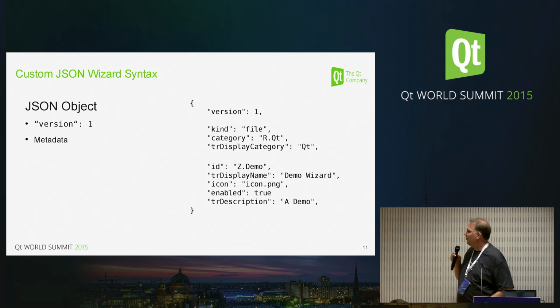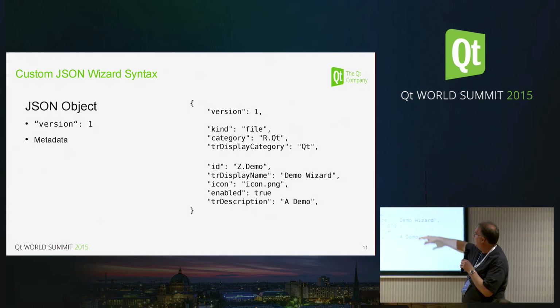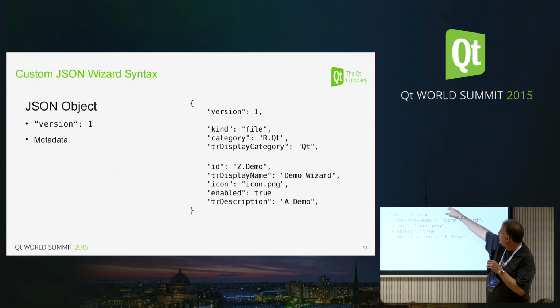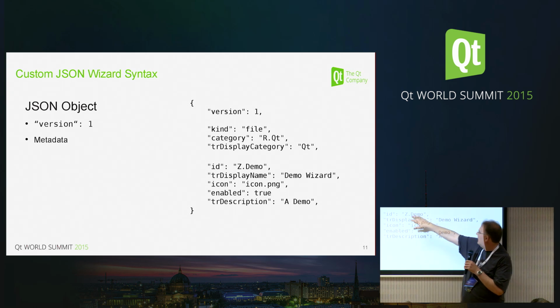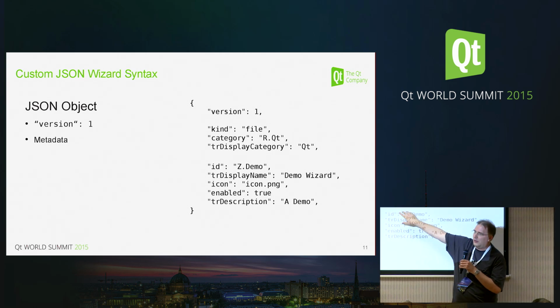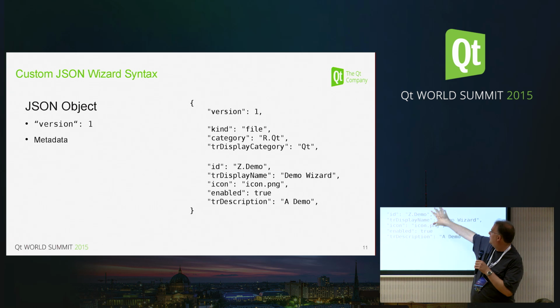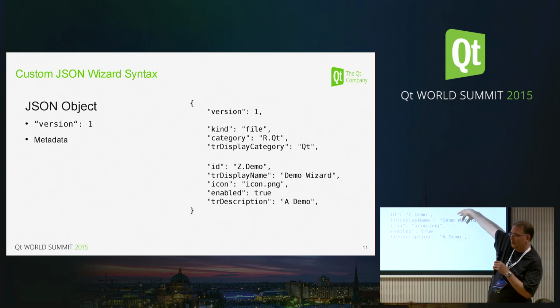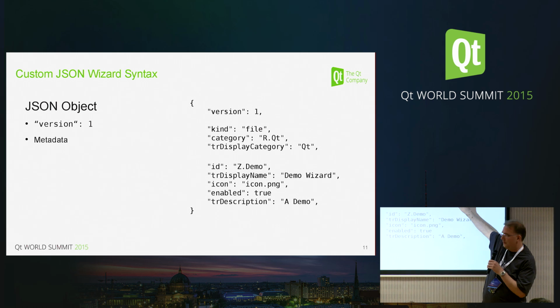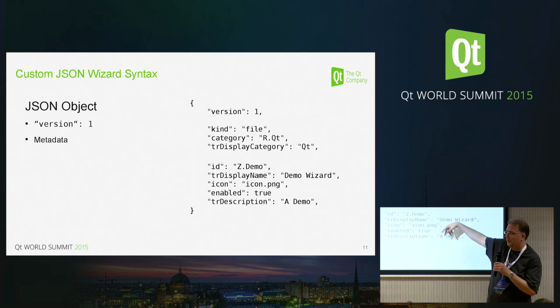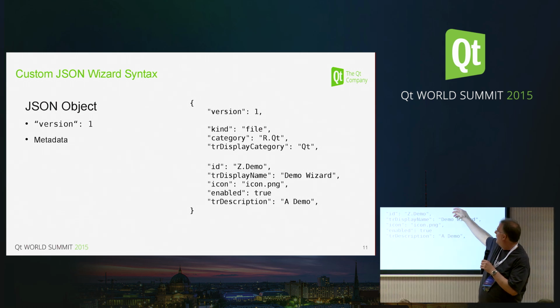Then I add a set of metadata, like what kind of wizard it is and which category it belongs to. All the strings starting with tr are translatable, so you could put an object here with the string in different languages, or you can use the QtCreator system to translate it for you.